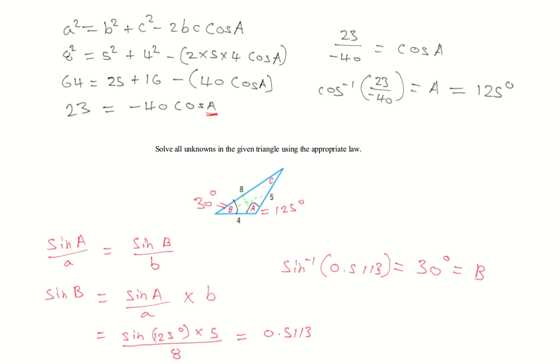So therefore, if all the angles in a triangle add up to 180, and I want to find this missing angle, all I have to do is subtract these two from 180 degrees. So 180 minus 125 minus 30, and that gives me 25 degrees, and that will be angle C. So here we have it.